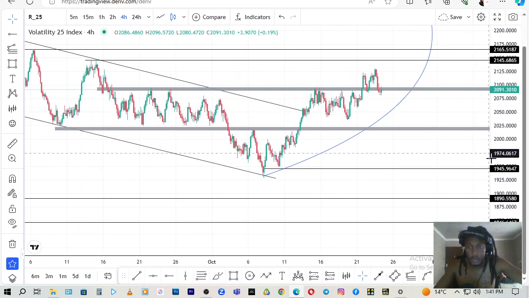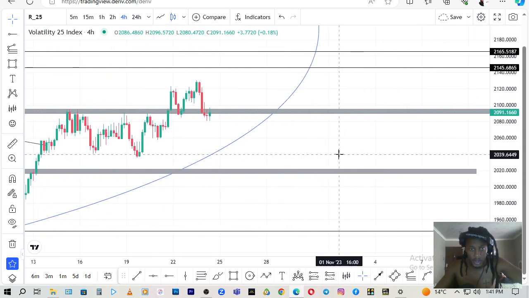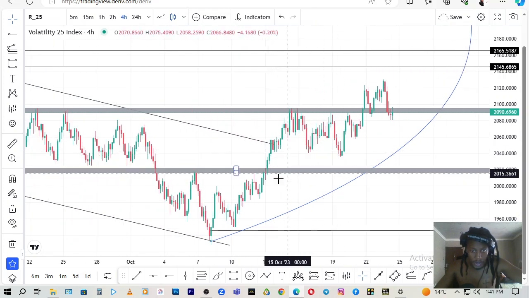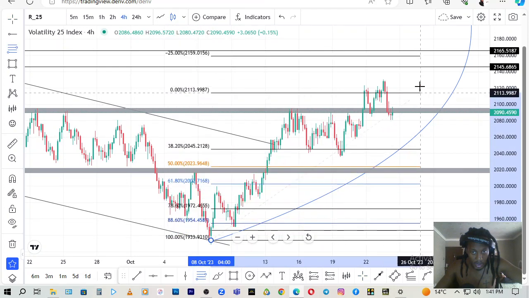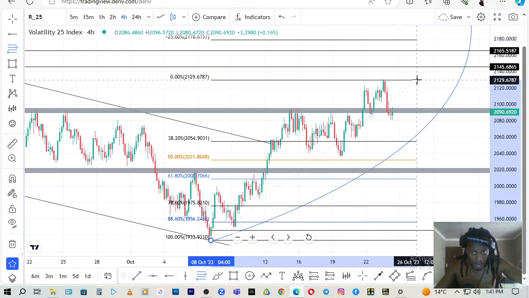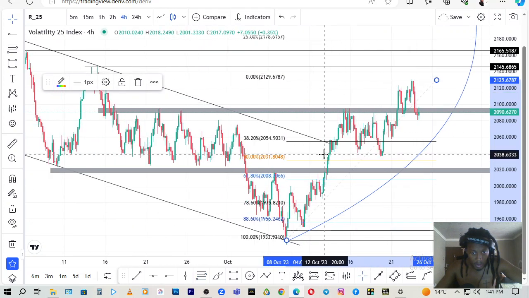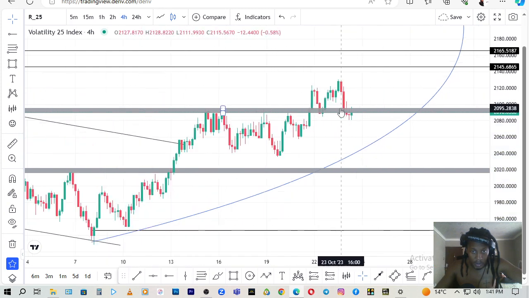So overall, the zone that we are on at the moment, I remember we had this. Let me just do this. Here's our 50%.